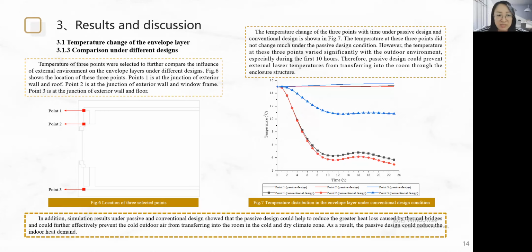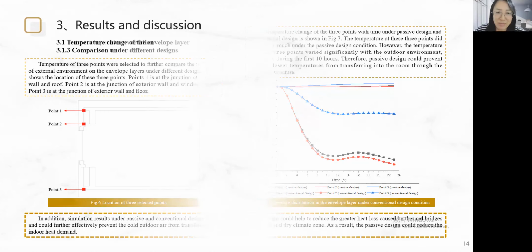In addition, simulation results of passive and conventional design showed that the passive design could help to reduce the greater heat loss caused by thermal bridges and could further effectively prevent the cold outdoor air from transferring into the room in the cold and dry climate zone. As a result, the passive design could reduce the indoor heat demand.